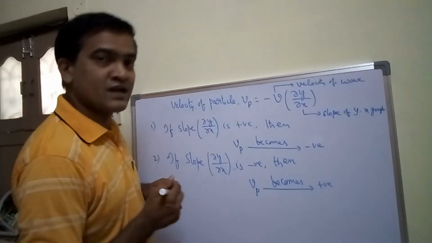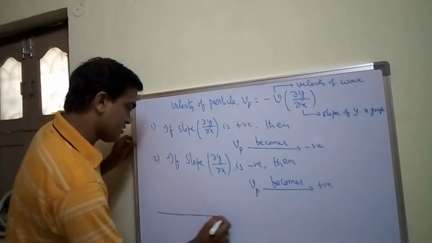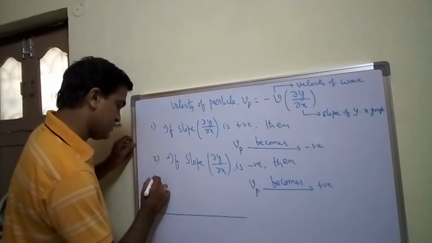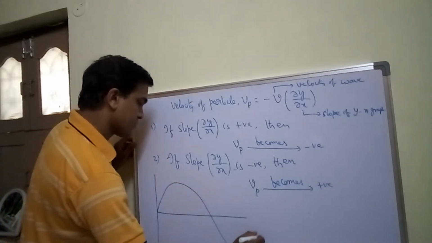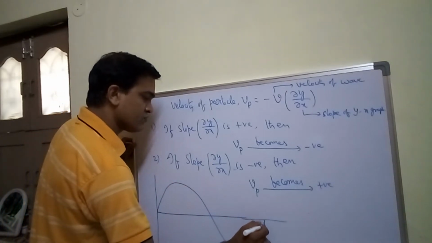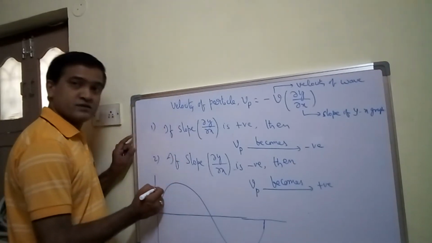Let me show you the graph again, a waveform. In this waveform, I'm considering one wave. If I consider one particle at this point, is it visible?